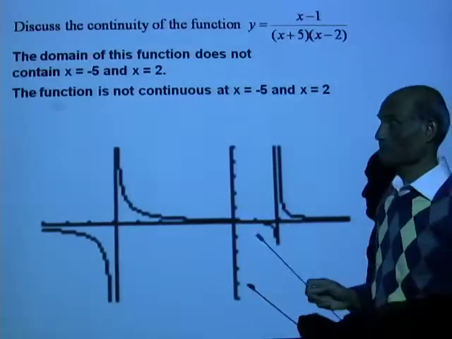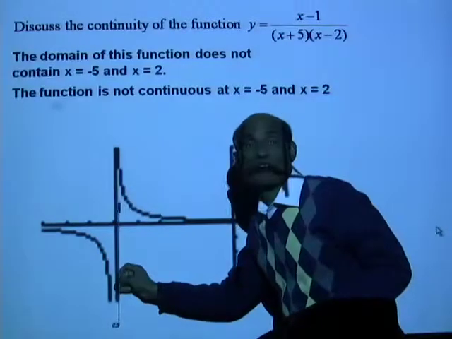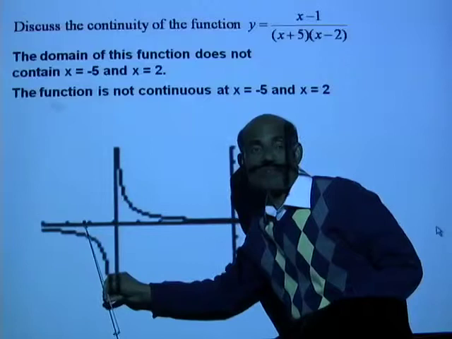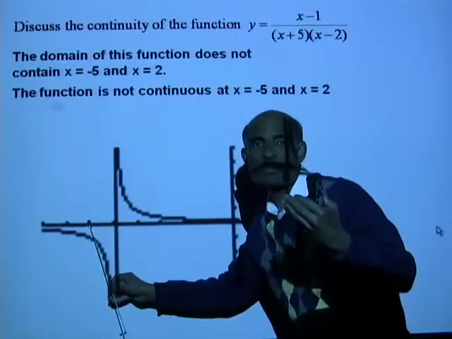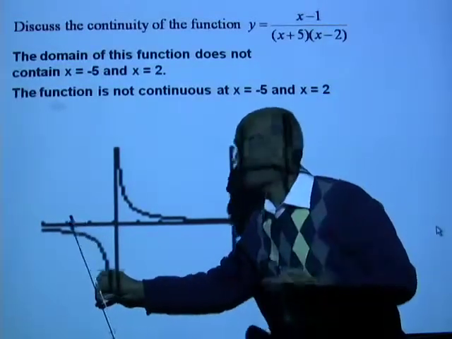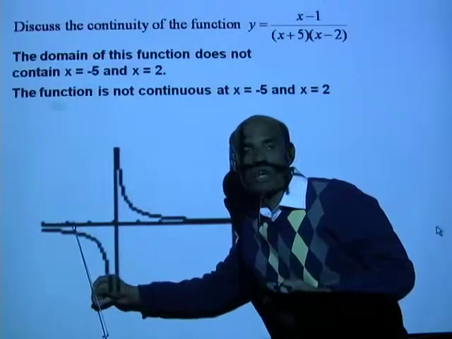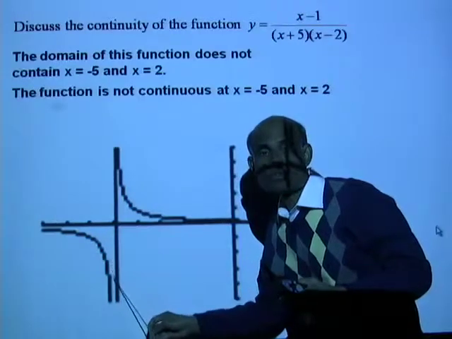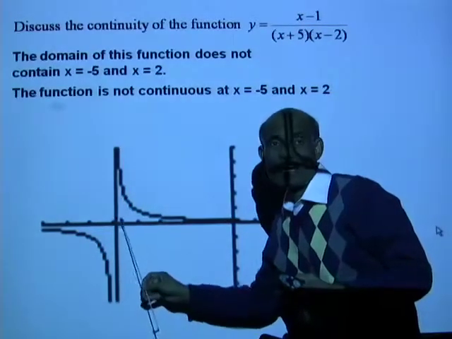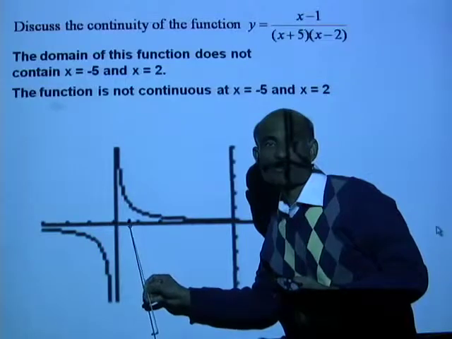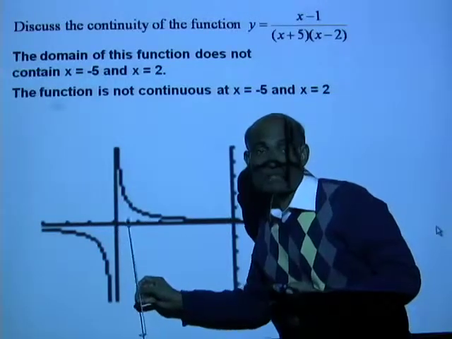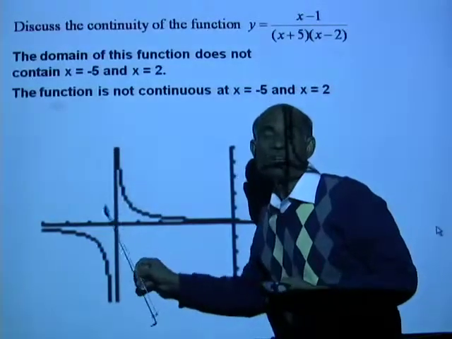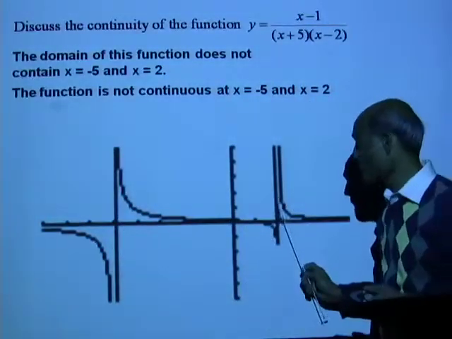Look at the graph of that. As the input x gets closer and closer to -5 from the left, I want you to pay attention to the left and right I'm using. As x gets closer and closer to -5 from the left, the output goes to -infinity. As x gets closer and closer to -5 from the right, the function output goes to +infinity. There's a break in the graph at x equals -5.